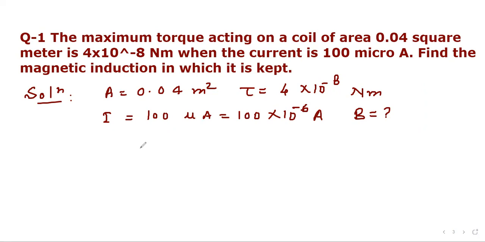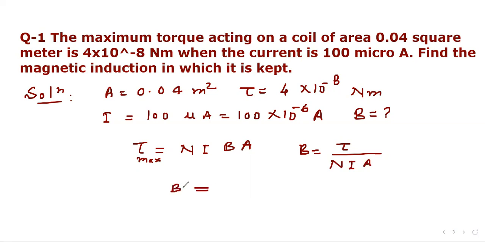So maximum torque, tau max, will be equal to N I B A when theta is 90 degree. So B equal to tau divided by N I A. We put the values. So B will be equal to tau, which is 4 into 10 to the power minus 8, divided by number of turns.